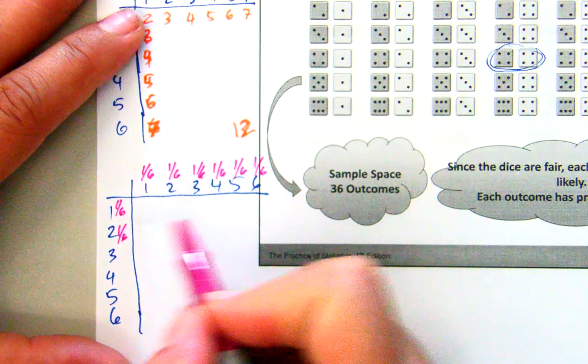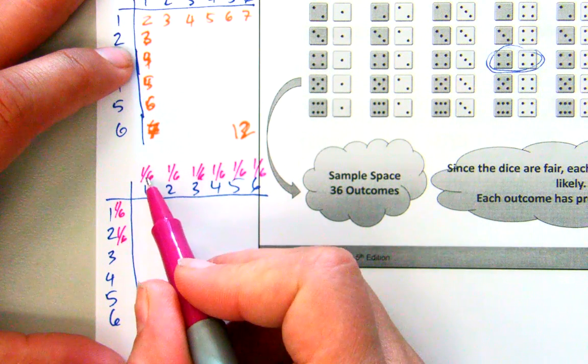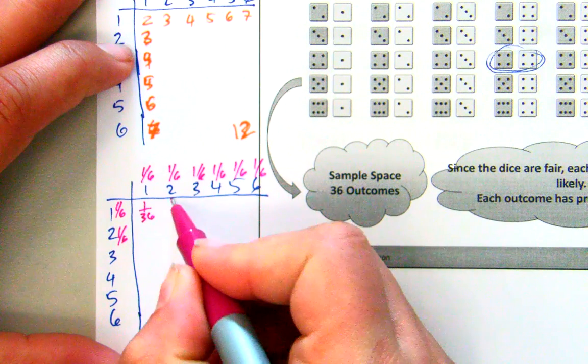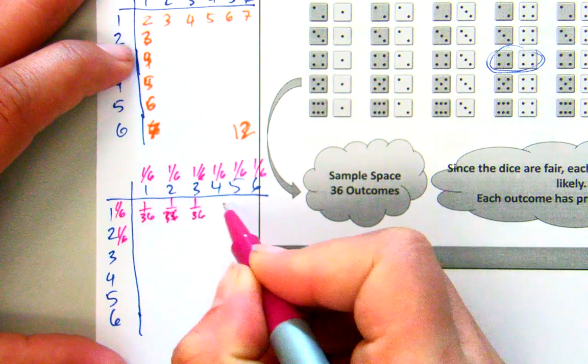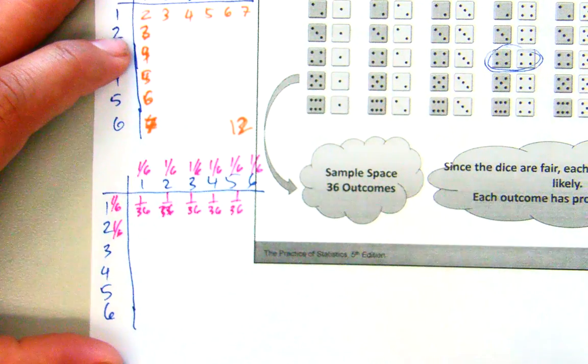To get a 2, you multiply: 1/6 times 1/6 is 1 out of 36. So each sum has a 1 out of 36 chance of occurring, and you keep doing that for all of them.